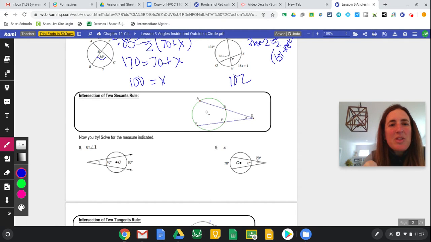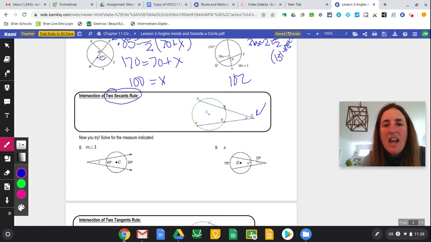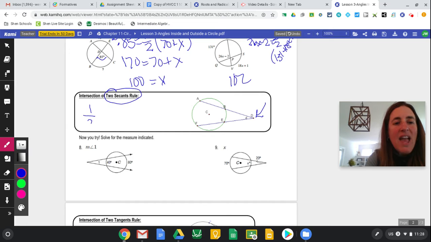Okay, so those were 2 chords crossing in the circle. These are 2 secants. Secants come from the outside of the circle, an external point, and go to the inside. They cross through the circumference in 2 spots. Now, instead of adding the 2 arcs to find this angle out here, I'm actually going to, guess what, folks, subtract them.